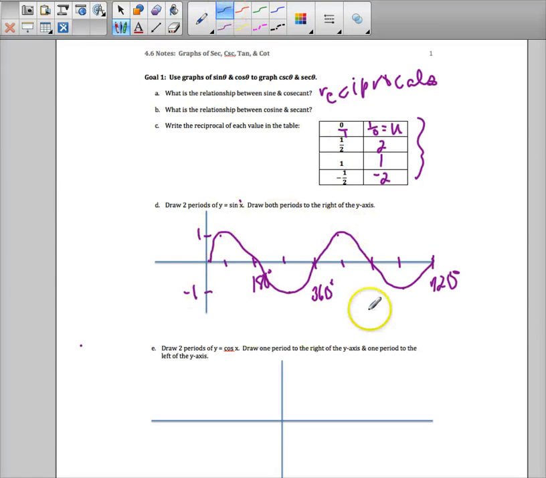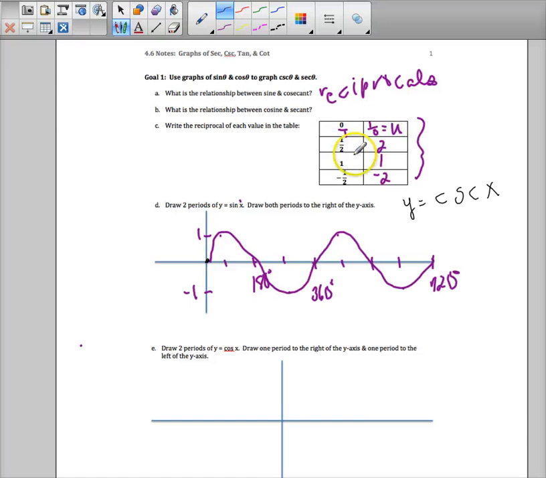We're going to use this graph to sketch y equals cosecant x. So let's review. At this point, the sine of 0 degrees is 0. The reciprocal of 0 is undefined.